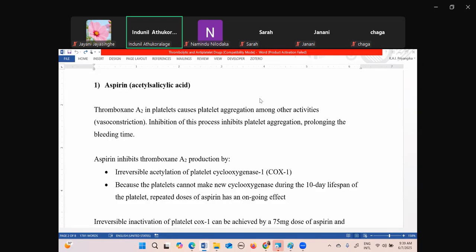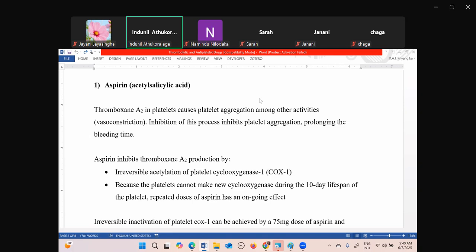But at low doses, aspirin also shows antiplatelet activity, at a very low dose, for example, 75 milligrams.